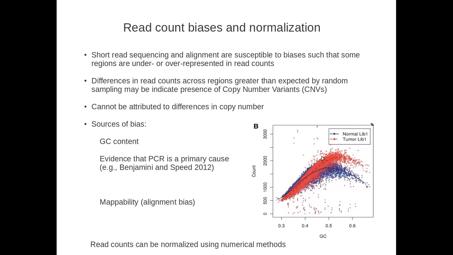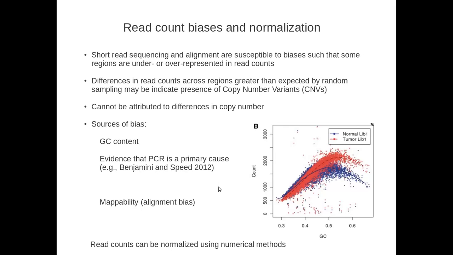And so you end up preferentially biasing the PCR in favor of fragments in your library preparation that have a neutral or 50-50 GC content. And so regions that have lower or higher GC content do not get amplified, and therefore are less likely to be represented as a cluster on the flow cell.